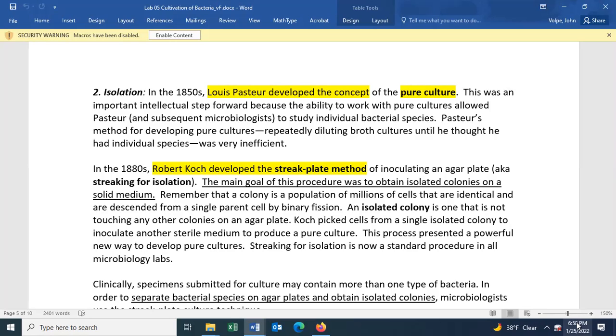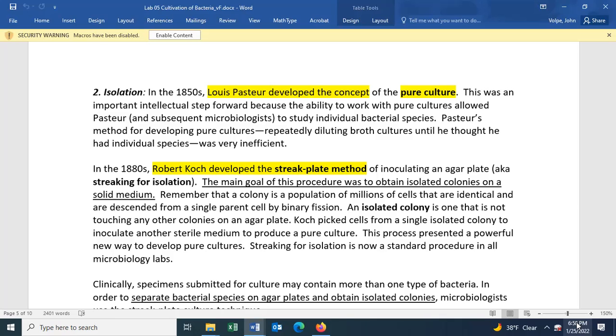Now, the trouble is you have to make several dilutions, and you only use that one dilution where 1 tube is positive for growth, and 9 tubes have no growth in them. And you use that to get your pure culture.